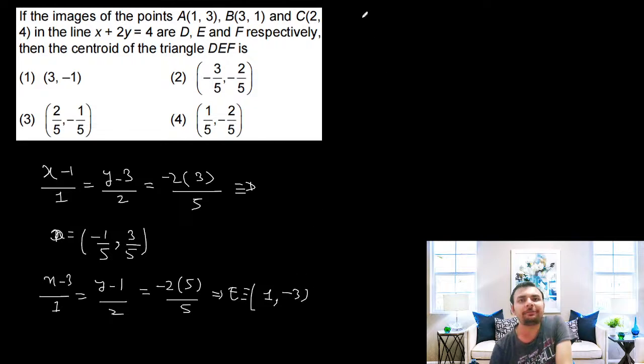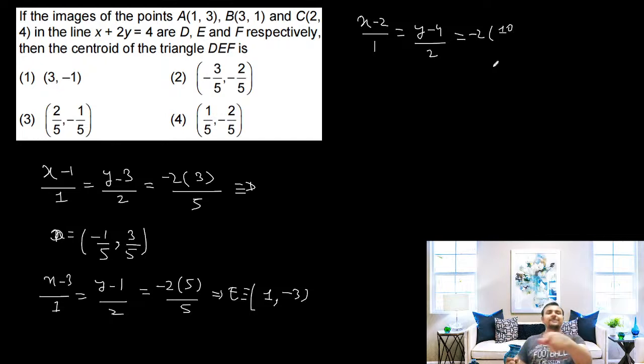Now we have F. (x minus 2) upon 1, (y minus 4) upon 2 equal to minus 2 times of 10 upon, okay, sorry, x plus 2y minus. So it is 1 plus 6, 7, 7 minus 3. It is 3 plus 2, 5. 5 minus 4, which is 1. Okay, so it is minus 2 by 5 only.